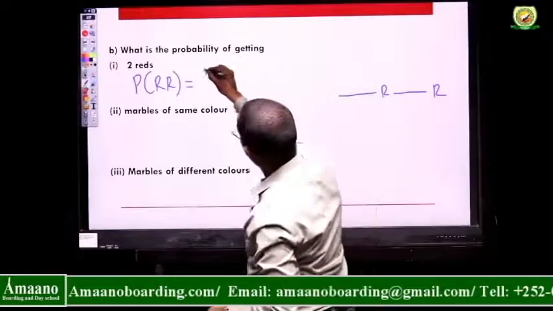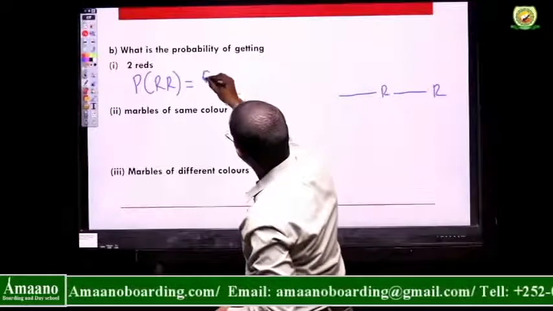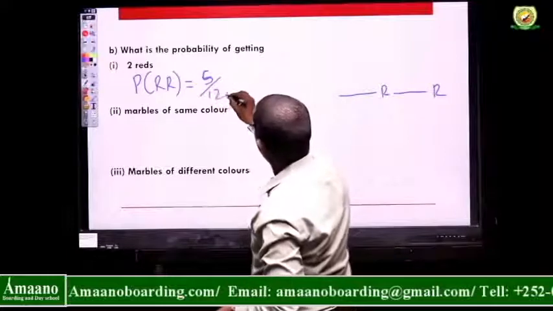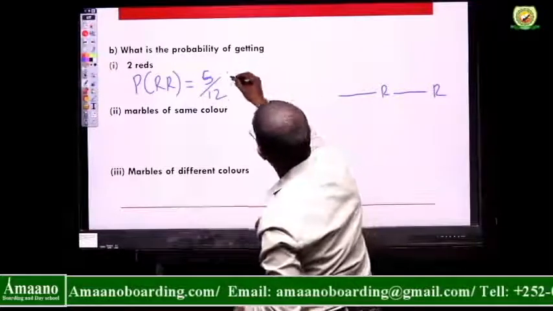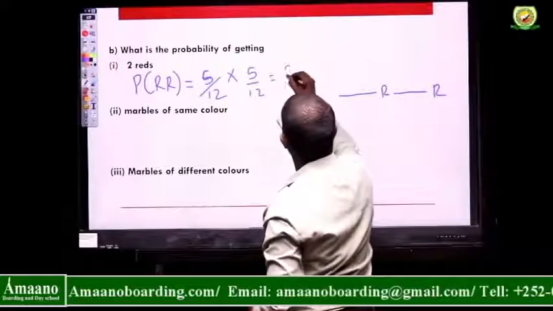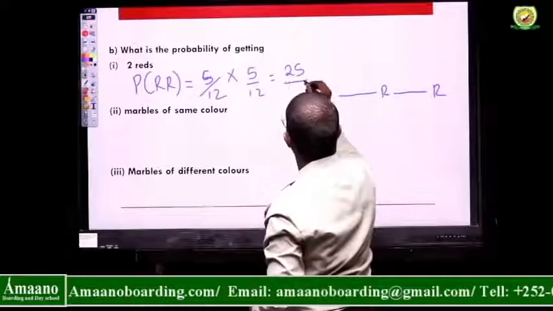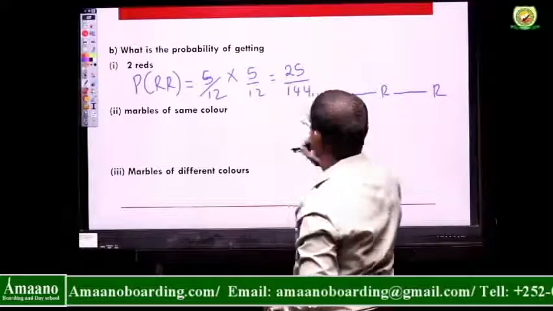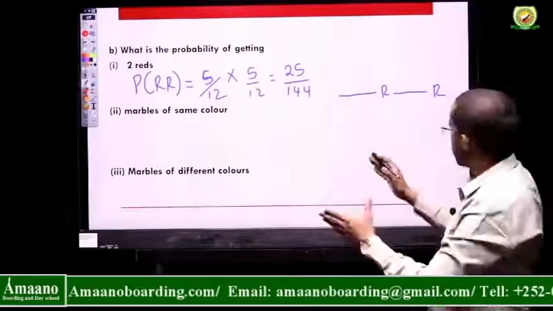I think it was 5 over 12. Then multiply it with the next, which is 5 over 12, which gives us 25 over 144. So you just multiply the probabilities.